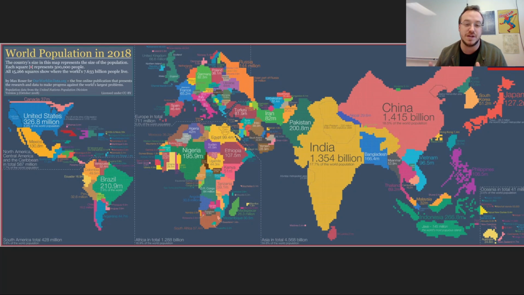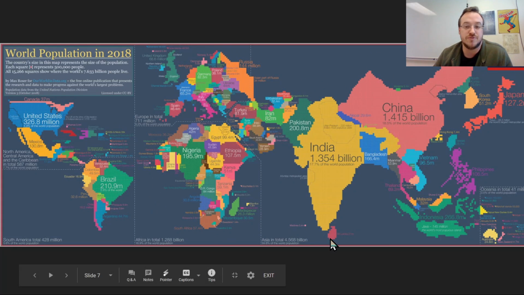The continents themselves have been misshapen because of this unequal dispersion of human population. Right? Look at Russia. Russia usually extends all the way over to this side of China, but it doesn't because there's a lot of places where people aren't living. The same with China. China is usually larger than this. It stretches to like here. Right? Just food for thought.